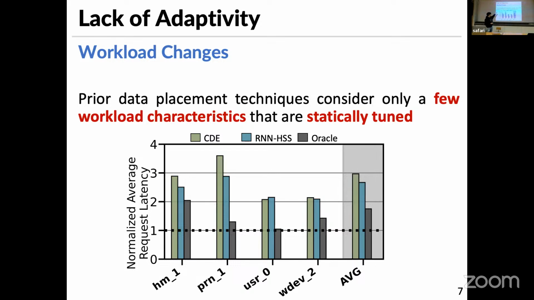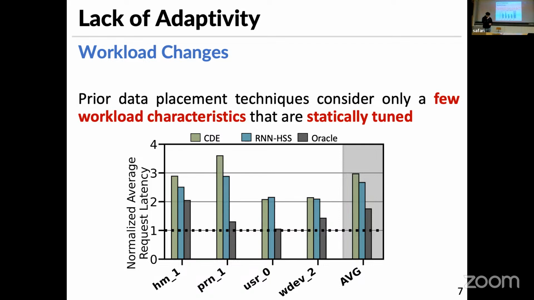The first one is based on heuristics, and the other one is based on supervised learning. And we compare this to the Oracle data placement policy, which is a fictional data placement policy, which would know all of the access patterns and always takes exactly the right decision.